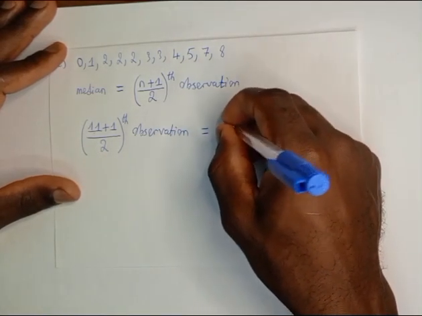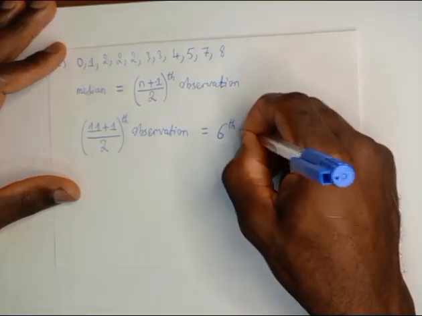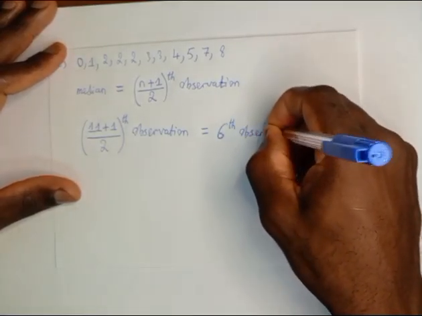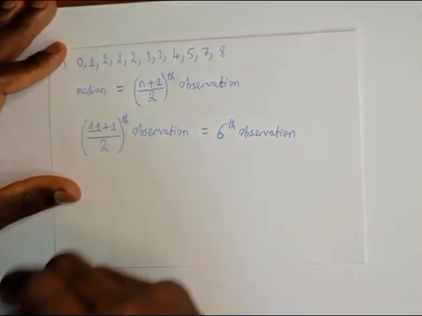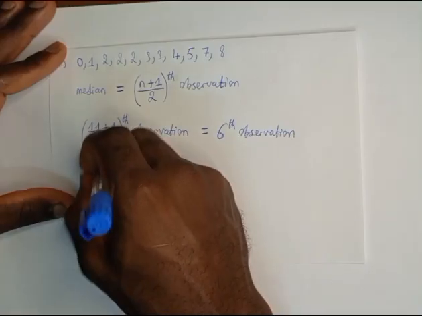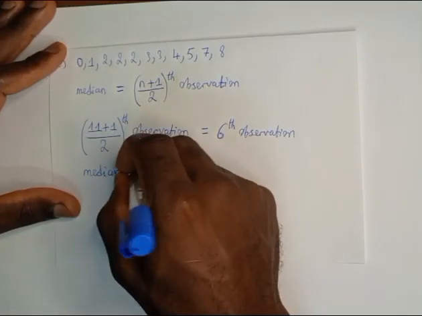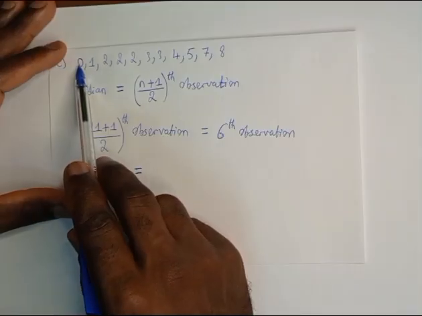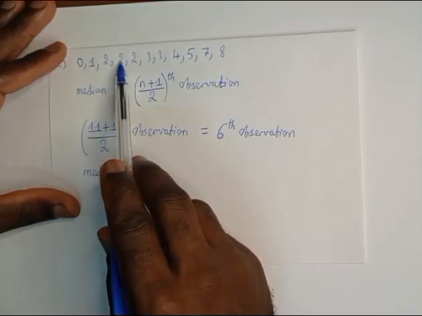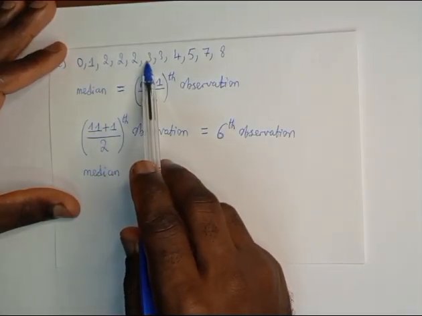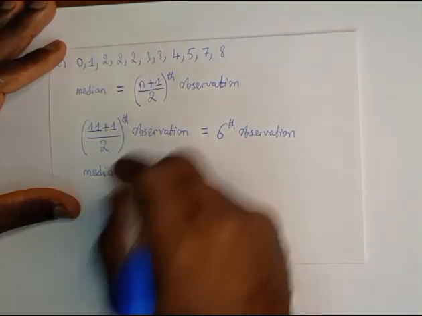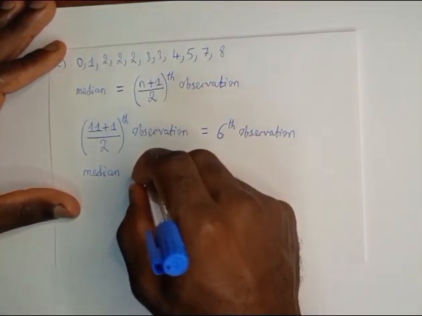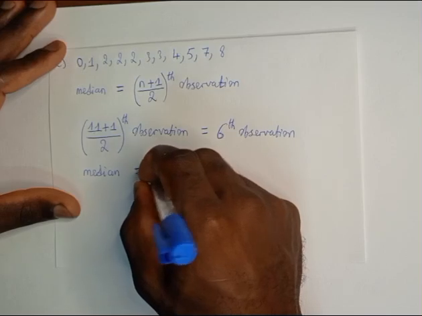So it will be at the 6th observation. And this will give us the median. 1, 2, 3, 4, 5, 6. This is the 6th observation. That means the median is equal to 3. You underline the answer.